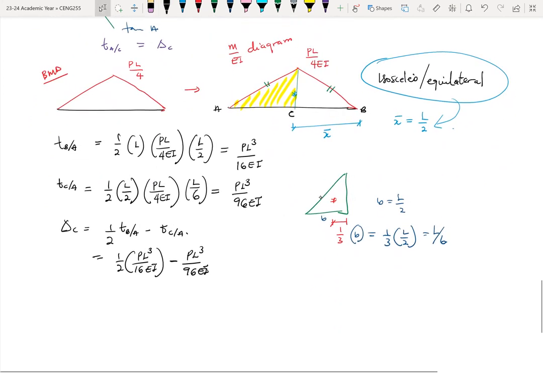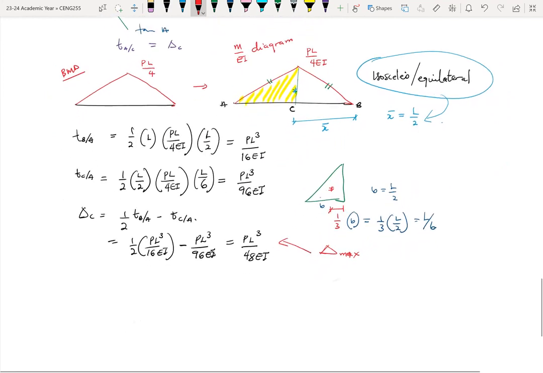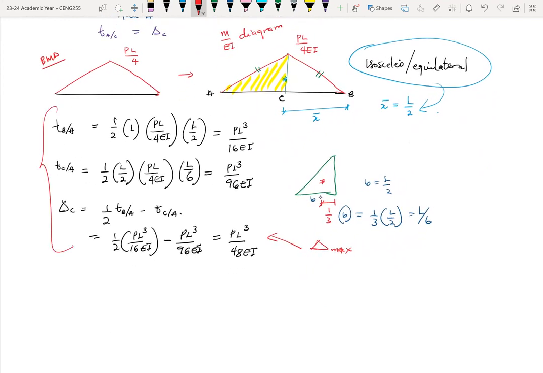This will give us PL cubed over 48EI. So please note this becomes our maximum deflection as well, which occurs where the rotation is 0 along the length of the beam. So this is approach 1, which is all well and good.